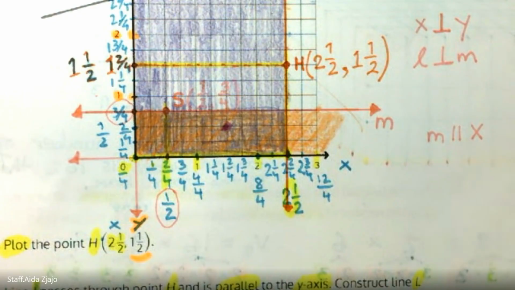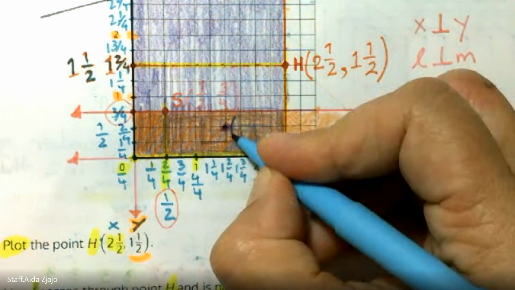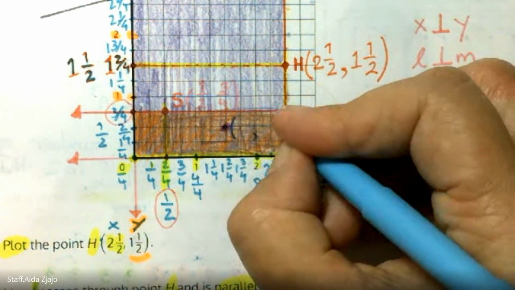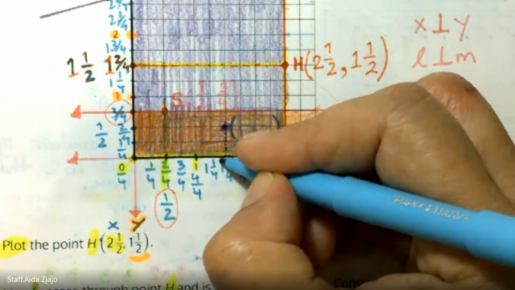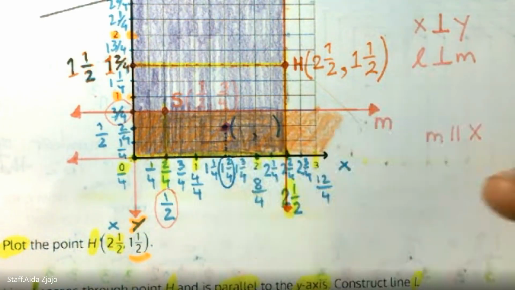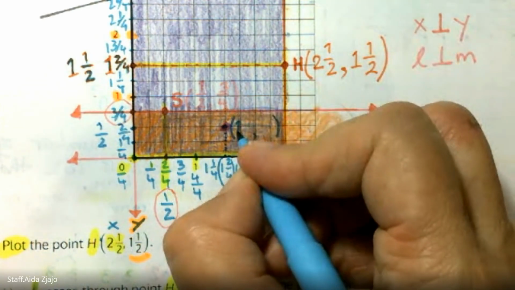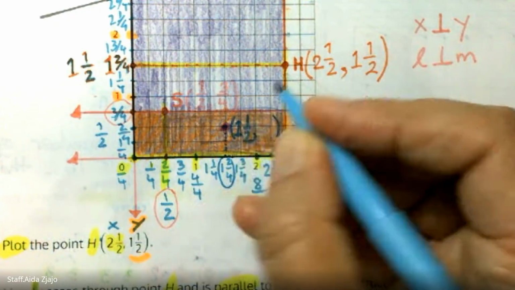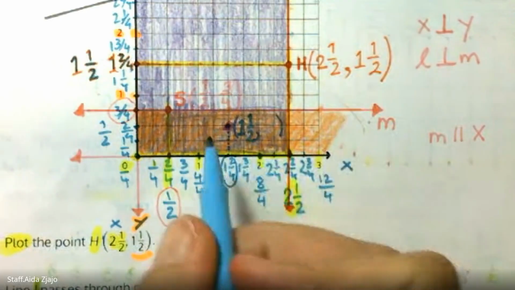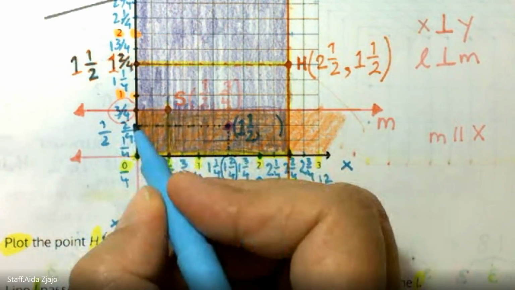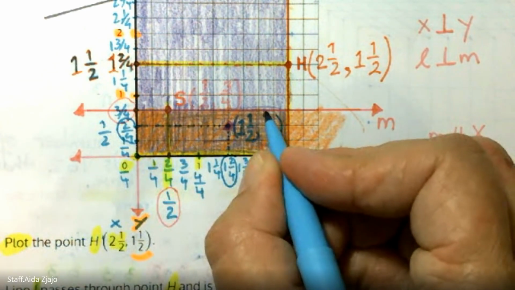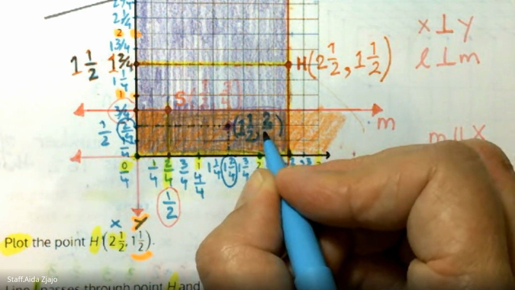It's in the double region, and I need to find what the coordinates are. So if I have a point, I need to go to the x-axis first. So my x is going to be 1.5, so 1 whole and 1/2, or 1 2/4. And then if I go to the y-axis, my y is going to be 2/4, or a half.